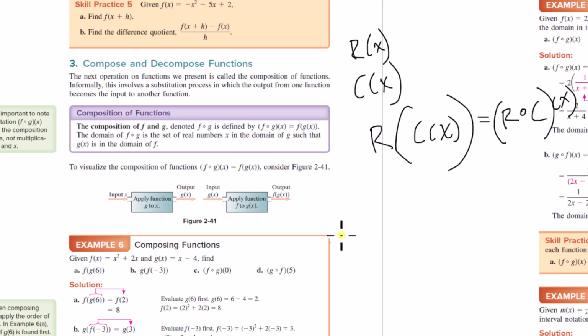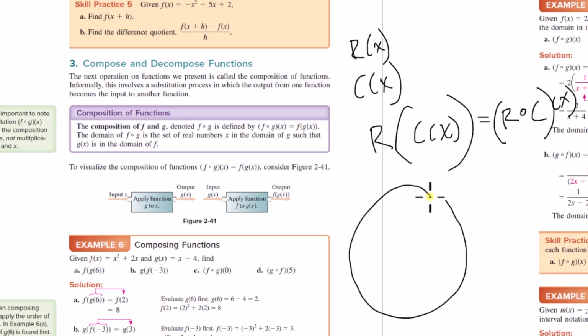But okay, C has a range, right? So it's the domain of C, and also the range of C that is within the domain of R. I don't know if that's the best way to say it. The set of real numbers x that's in the domain of G, which is C here, such that G of x is in the domain of F. I mean, that's all math talk, but you get the idea. So everything in the domain, let's start here.